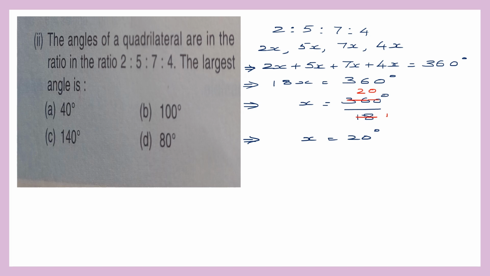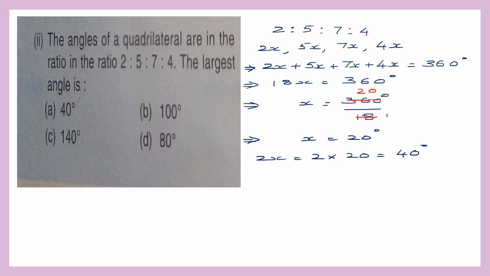Now remember here we said let the angles be 2x, 5x, 7x and 4x. So in the place of x, we are going to put 20. So the first angle is 2x, that is 2 into x and x is 20, that is 40 degrees.